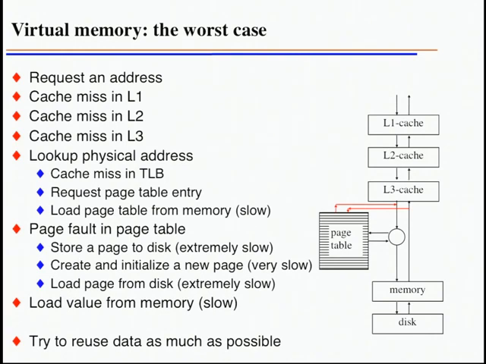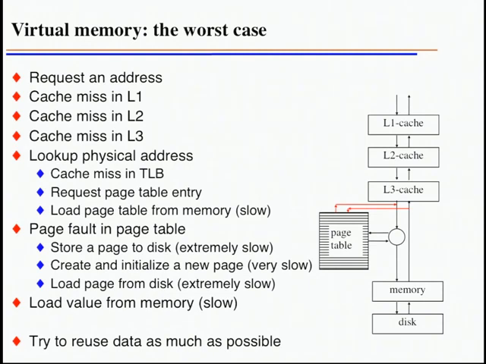For that, I need to create and initialize a new page where I can put the data in. Then wait for the disk to give me the data, put it into memory, and then load the value from memory. Another 300 cycles. But that doesn't matter if you had to wait for the disk. So that's ages in the reference frame of your CPU speed.